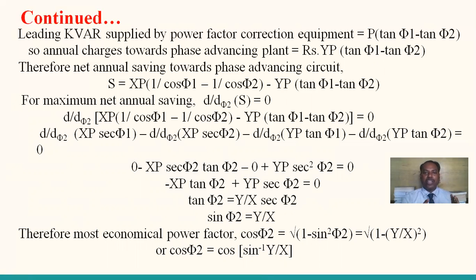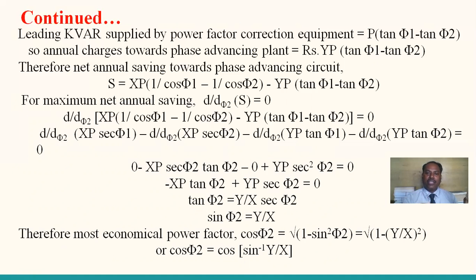So simply, what we did here is define the most economical power factor. What is the most economical power factor? The power factor at which the net annual saving is maximum. What is the net annual saving? It is the difference between the maximum demand charges and the expenditure incurred for the power factor correction equipment.